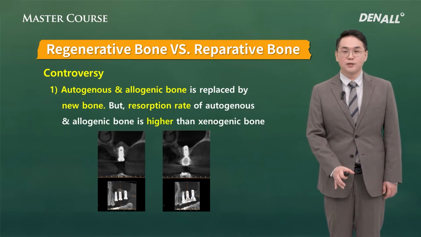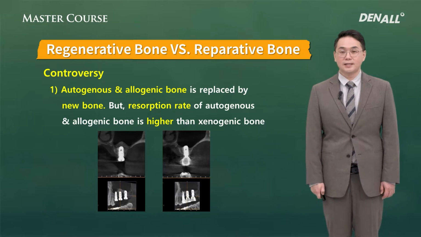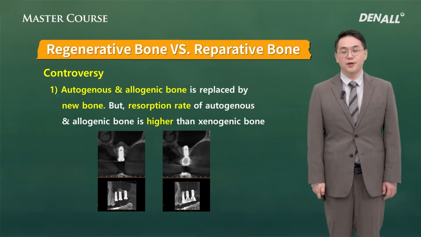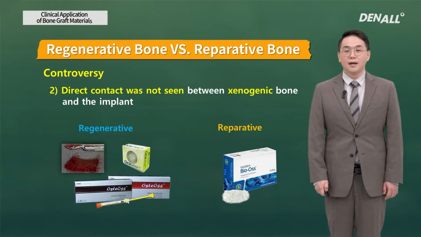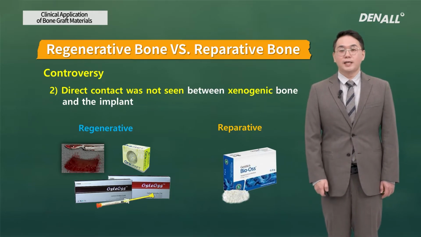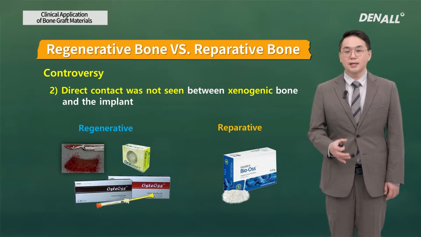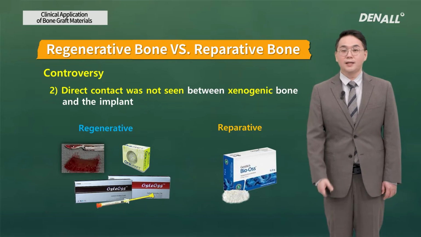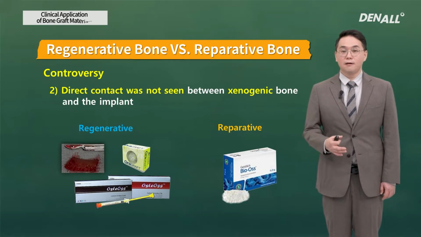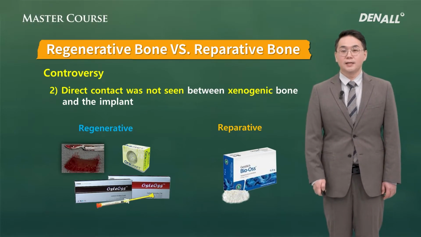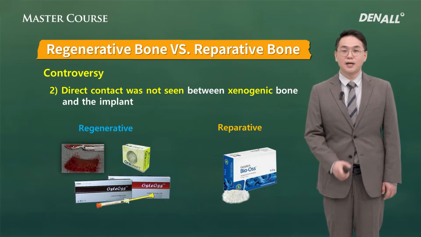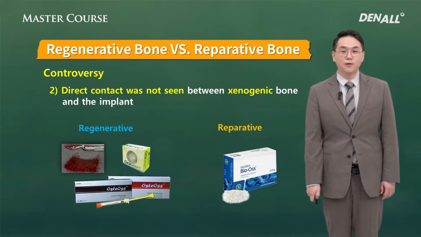It depends on whether cortical or cancellous bone is used. The resorption rate is very high. However, if you use xenograft, it is not resorbed, but exposed implant can be covered with GBR, but direct osseointegration between the graft material and implant cannot be expected.